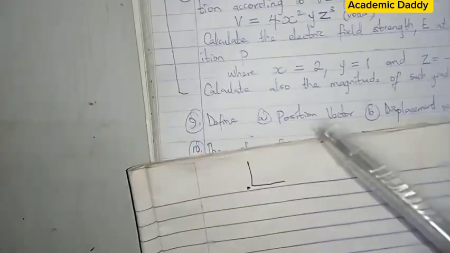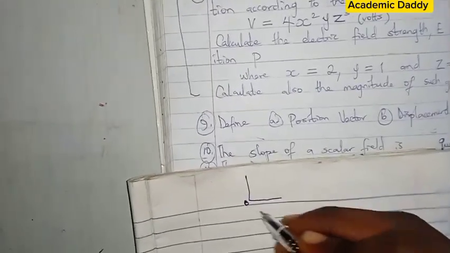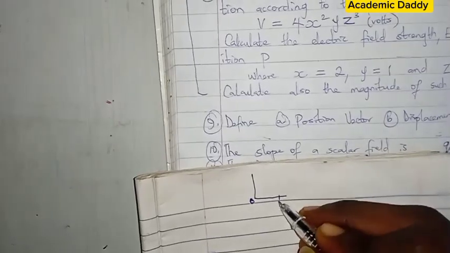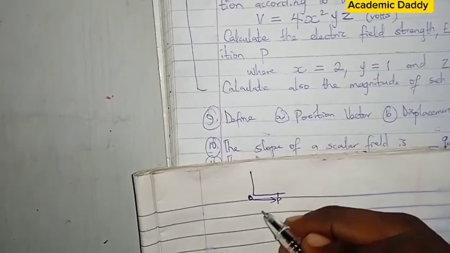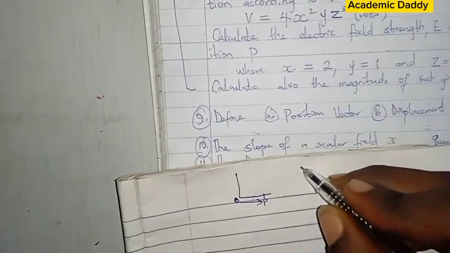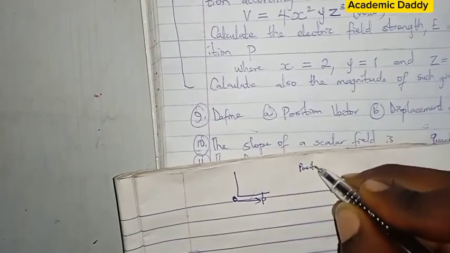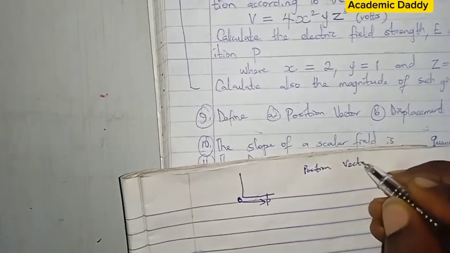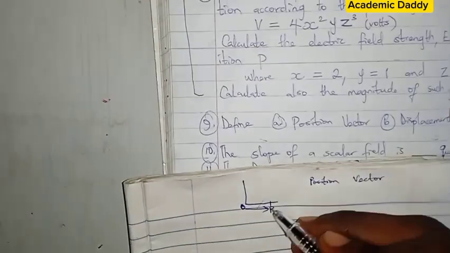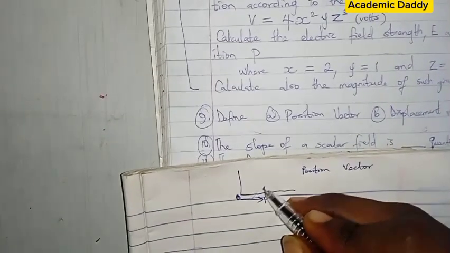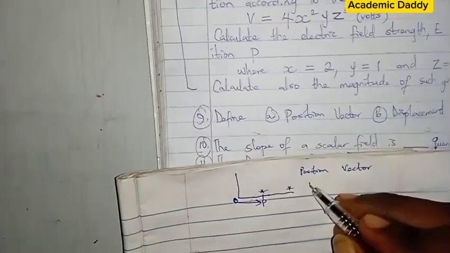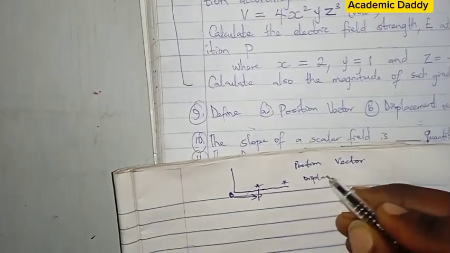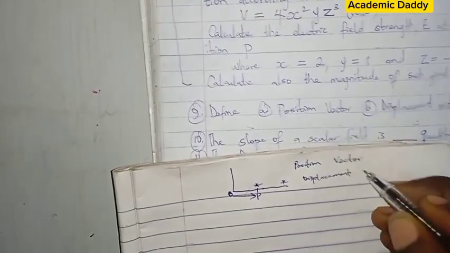So let's say I have 0 here, and let's say I have point P here. Anytime a vector moves from the origin to a particular point, we'll call it position vector. Now anytime a vector moves from a particular point to another point, we'll call it displacement vector.